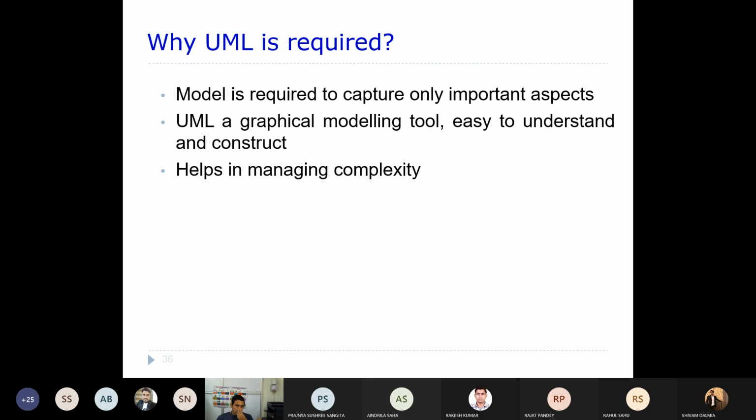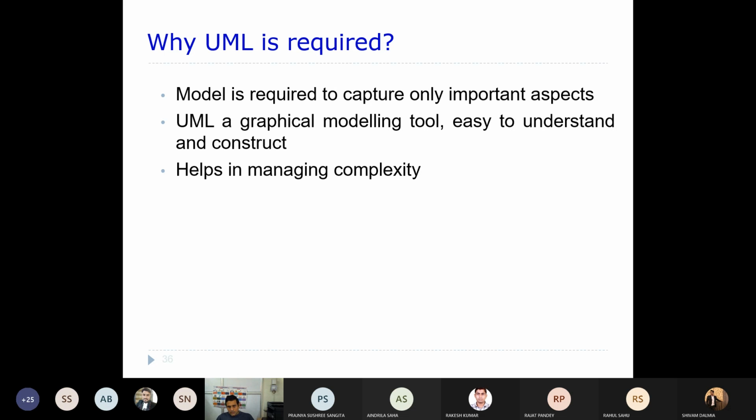So why is UML required? A model is required to capture only the important aspects, right? Why do we try to model something? Because we want to understand certain important aspects of the system, right? UML is a graphical modeling tool, as I told you, which is easy to understand and construct also.